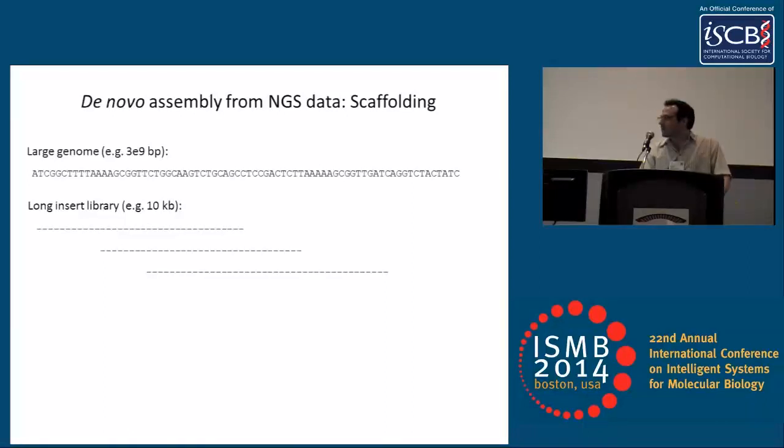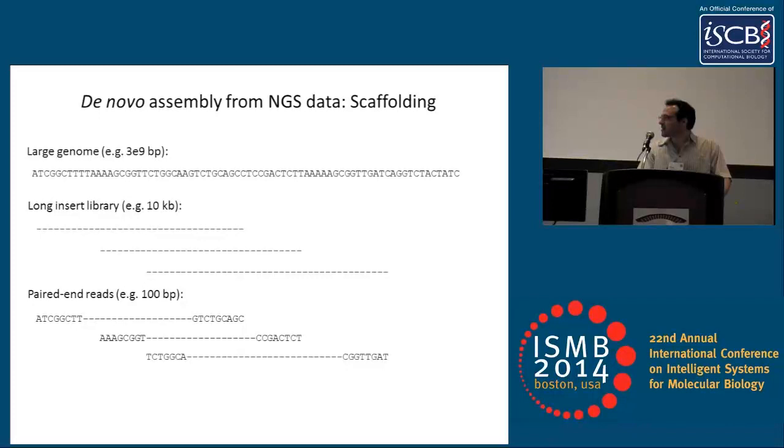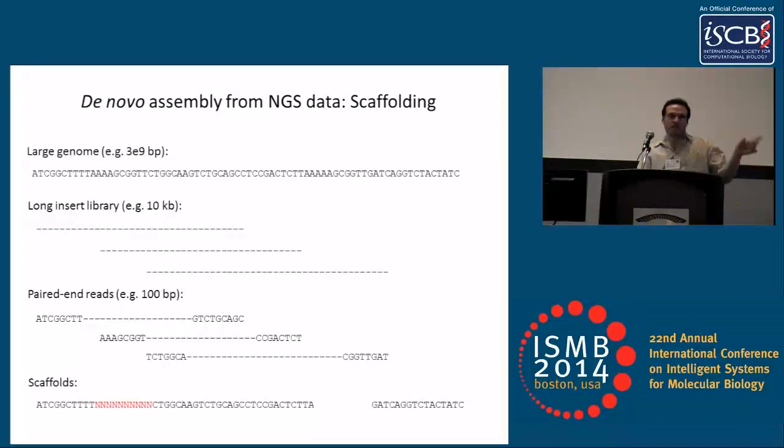And now what you do with the short reads is you do paired end sequencing, and then you hope that one end will uniquely map to one contig and the other to another contig, and then you can estimate the distance between them, okay? So you join them together into these larger pieces called scaffolds that have gaps in them. And ideally, by the end of this process, you want to have one scaffold per chromosome, right?